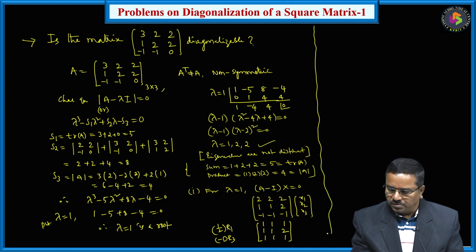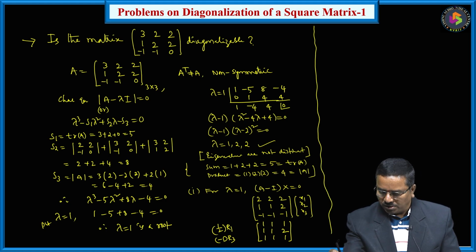Okay. So, that R1, this is the key element, using this as a key element. Now, this one you make it 0 and this one make it 0. What are the operations? Tell me, guess easily. The R2 minus R1, R3 minus R1, and this means we are changing R2 as R2 minus R1, and R3 minus R1 as R3.